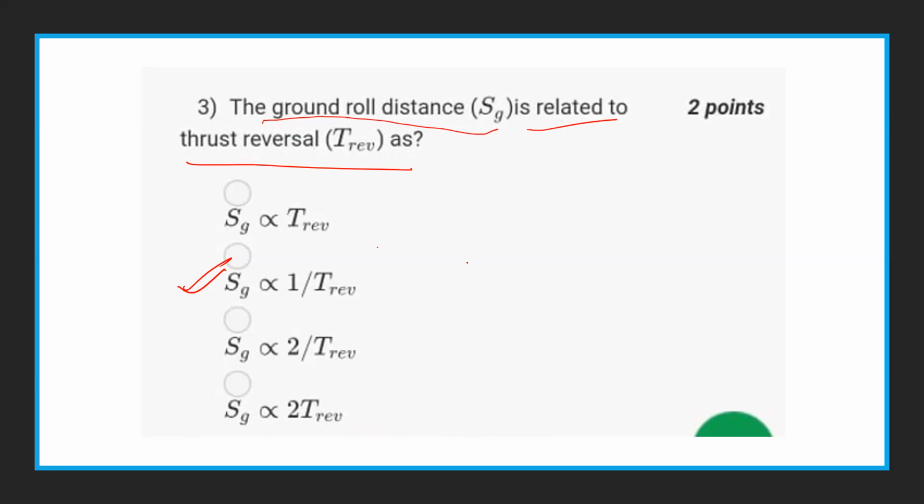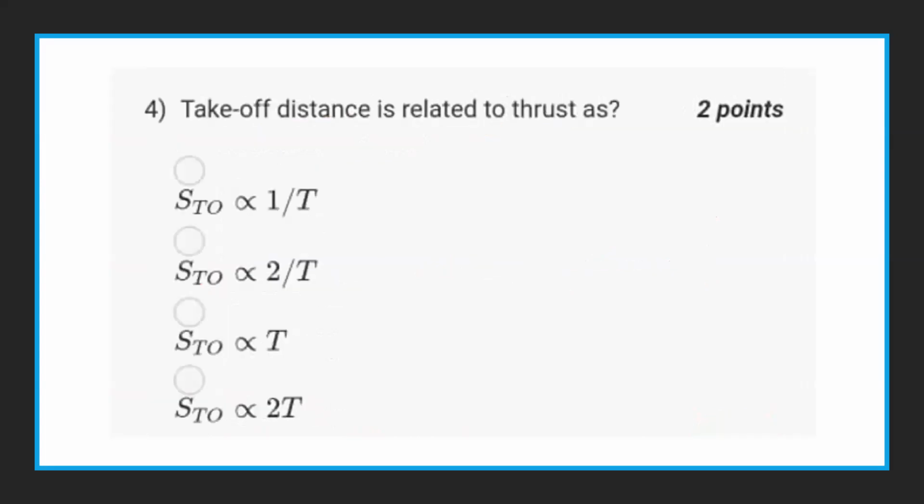So the idea is, let's say this is the runway. Aircraft is coming like that. At some point, touchdown happens, and then it's moving on the ground. So you are applying some opposing force, and the larger the force, the distance covered will be smaller. You can stop quickly if you have thrust reversal. So that's the idea. Question 4.